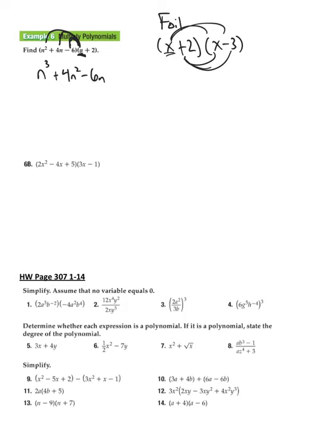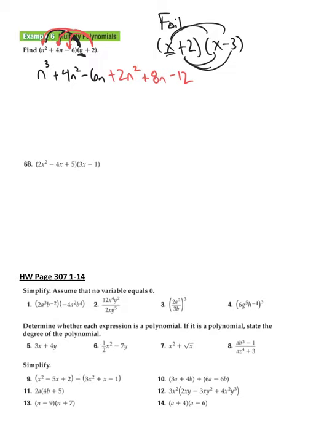And then you're going to take 2 and multiply it by n squared. So it's going to be plus 2n squared. That would be 2 times 4n, plus 8n. And then it's going to be 2 times negative 6, so minus 12. Okay?